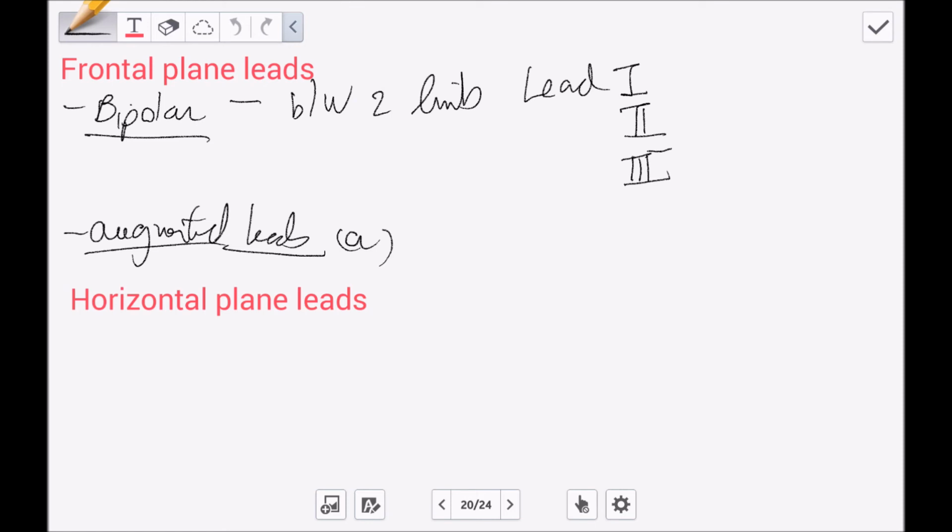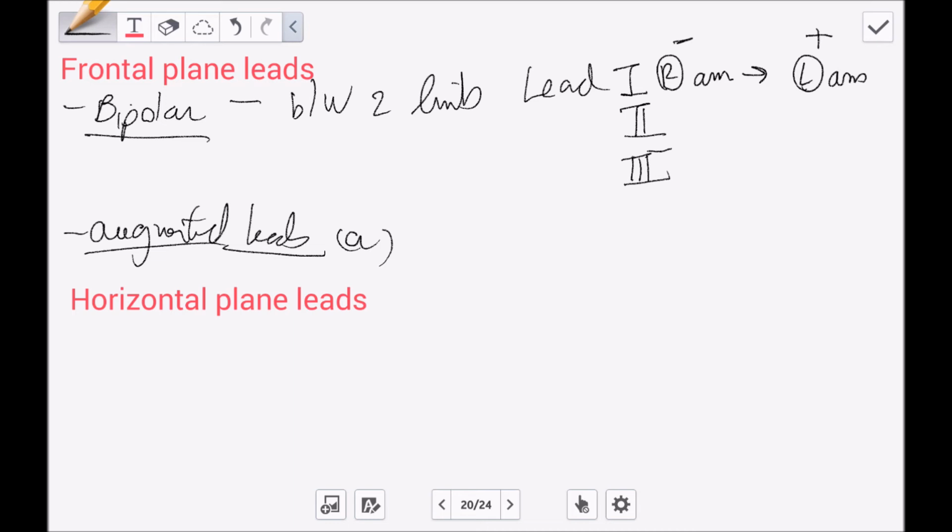Lead 1, like we said, is actually going from the right arm. So right arm is negative. So right here, right arm is negative. And it's going to the left arm, which is positive. Right? Remember, electricity flows from minus to plus.